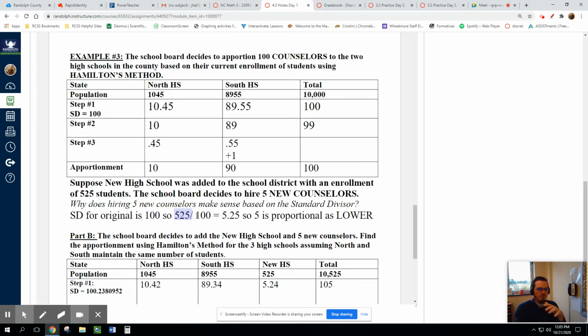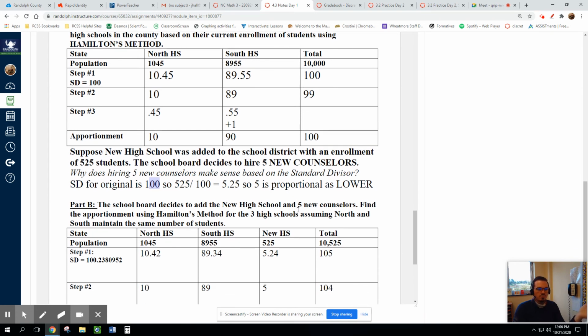So 525 divided by 100 is 5.25. That means 5 is proportional. It's lower. We're not giving away more than what we needed, okay? Understand where we get all of that: 10,000 divided by 100, and then take the new number of students and divide it by the standard divisor, and that way we're essentially saying you're going to get 5.25.